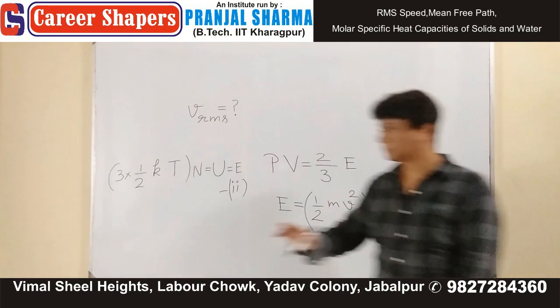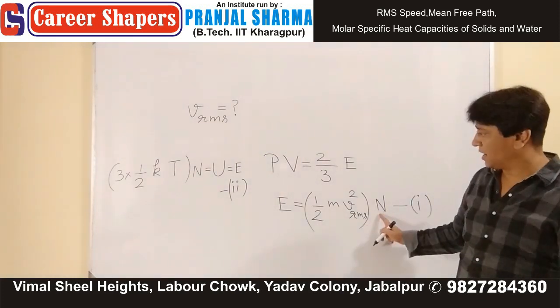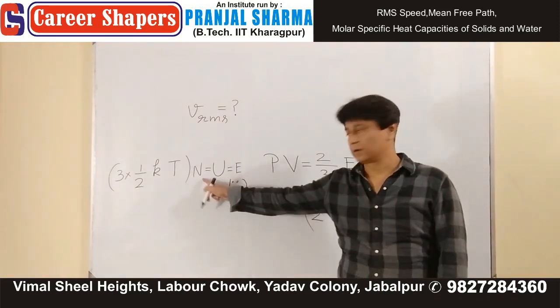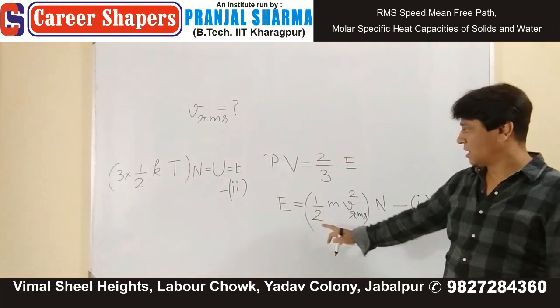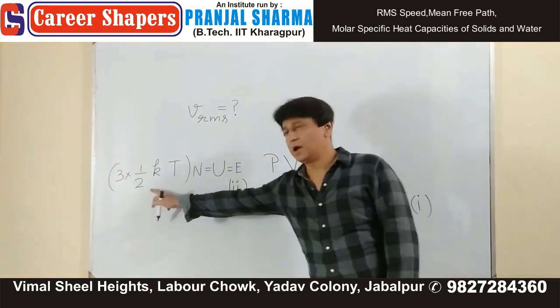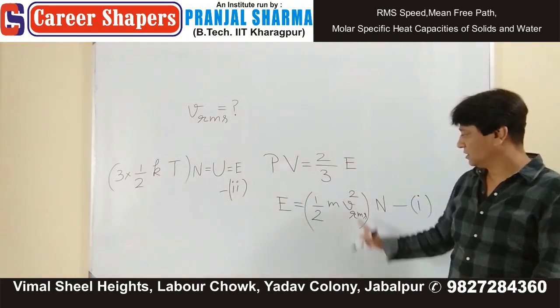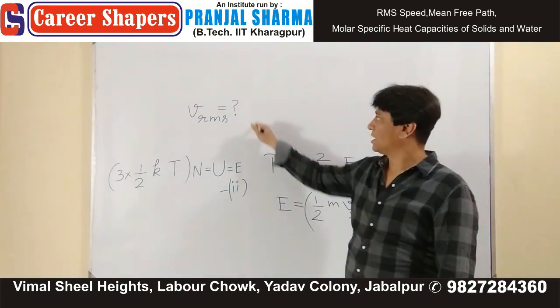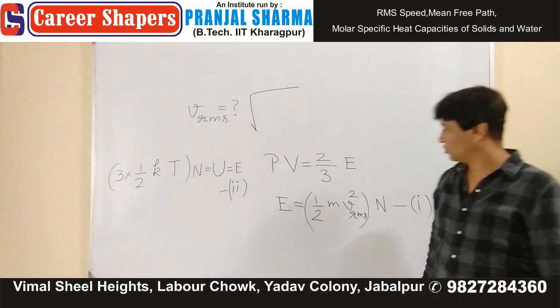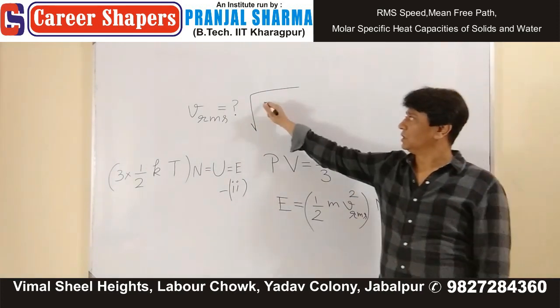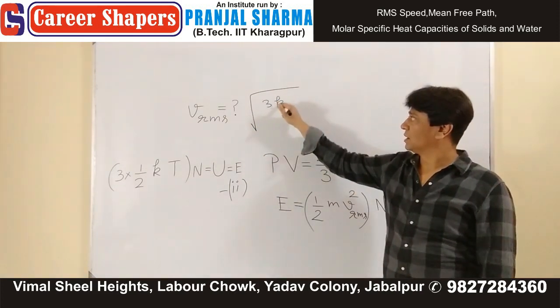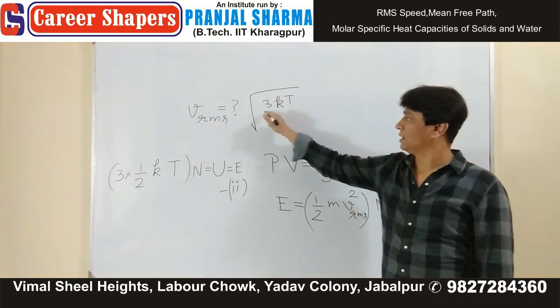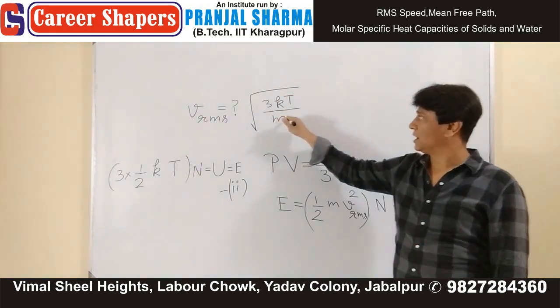VRMS. You can see that n and n get cancelled, half and half get cancelled. What is VRMS coming? VRMS is coming root over 3 kT divided by m.